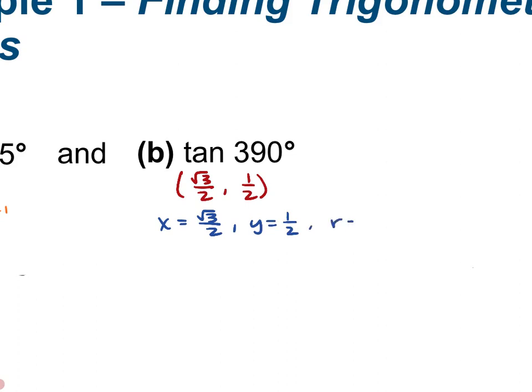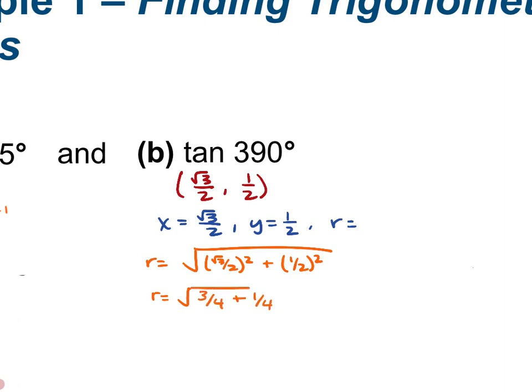We have to find what r is. So r is equal to the square root of the square root of 3 over 2 squared plus the 1/2 squared. This gives us the square root of 3 over 4 plus 1 over 4.